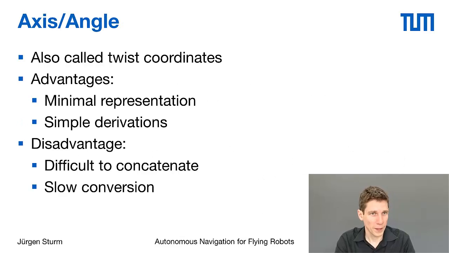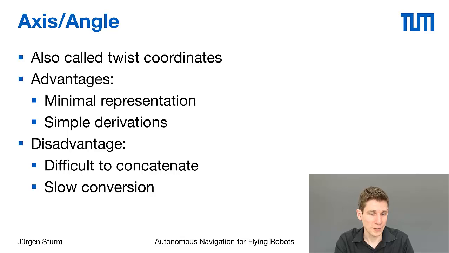Good. So, as I said, the axis angle representation is also called the twist coordinates. The advantage is it's a minimal representation, and a second advantage is that the derivations are really simple. Especially for optimization problems that we will see later, the axis angle representation is really beneficial.